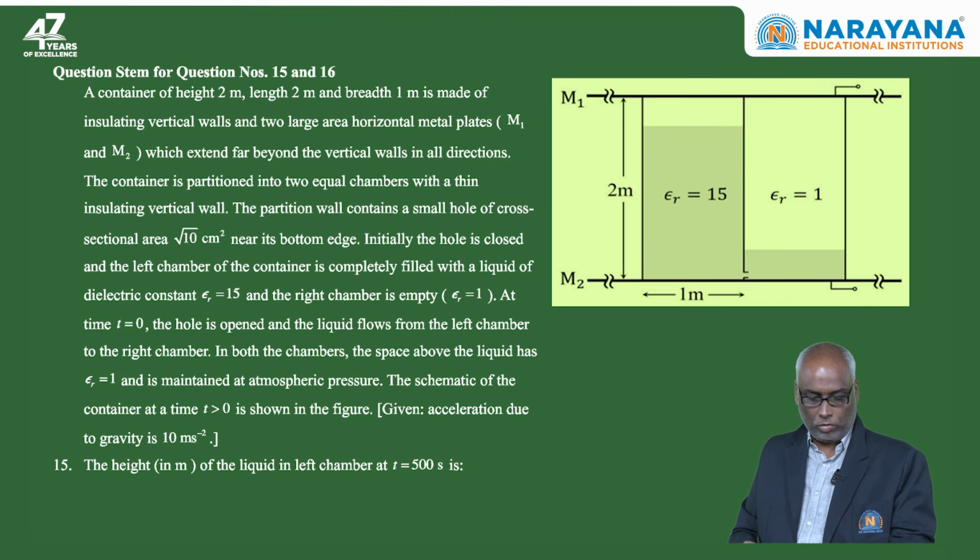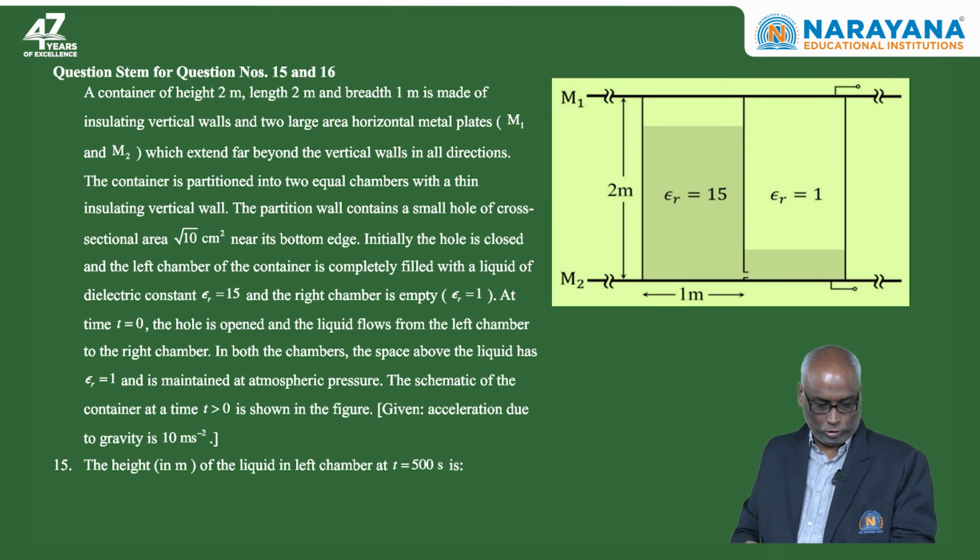The partition wall contains a small hole of cross-sectional area √10 centimeter square near its bottom. Initially the hole is closed and the left chamber is completely filled with a liquid of dielectric constant epsilon r equals 15, and the right chamber is empty, epsilon r equals 1.